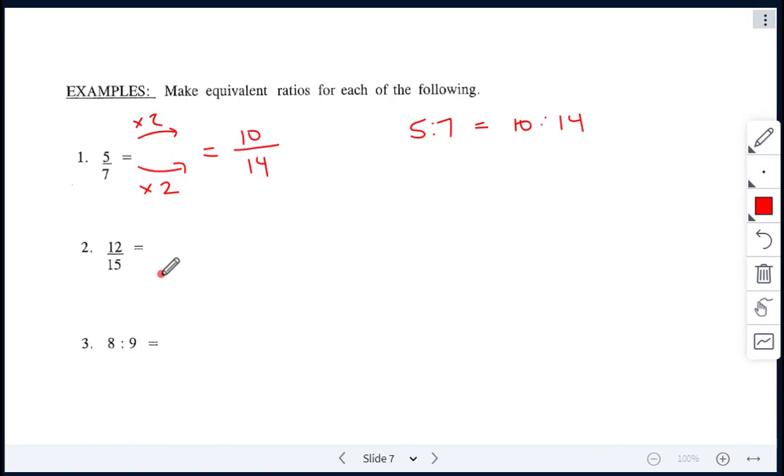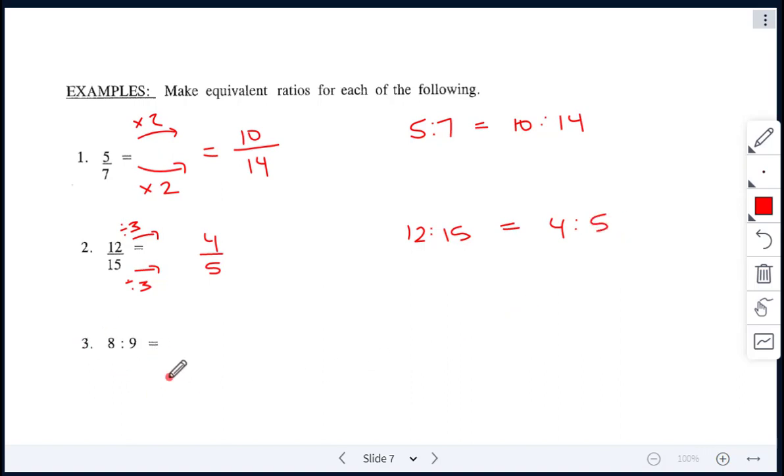Let's reduce this one. We can divide the top and bottom by 3. Just going to show that here. I'm dividing by 3. All right, so the equivalent fraction would just be 4 over 5. All right, but in our ratio method, we could write that as 12 to 15, which is the same thing as 4 to 5.